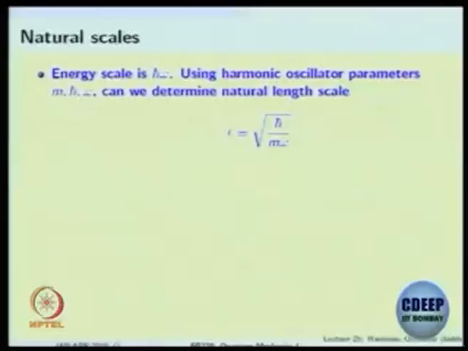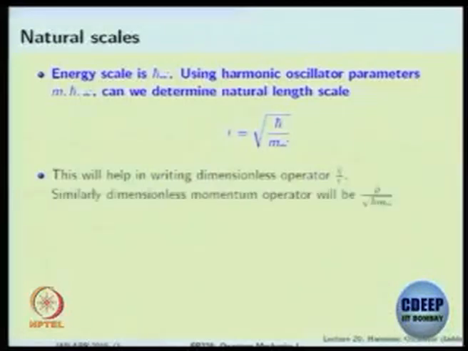In the harmonic oscillator, you can play around with m and omega, and h cross of course is there in any quantum physics, a universal Planck's constant. So we can determine this natural length scale, root of h cross by m omega, and you can write a dimensionless operator as the position operator divided by this length scale. Similarly, you can write the momentum operator.